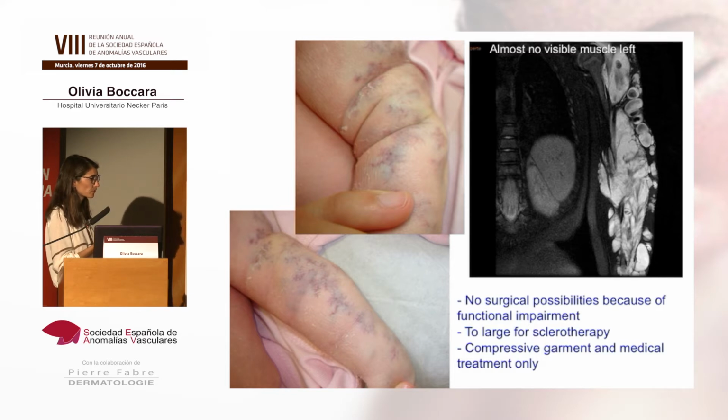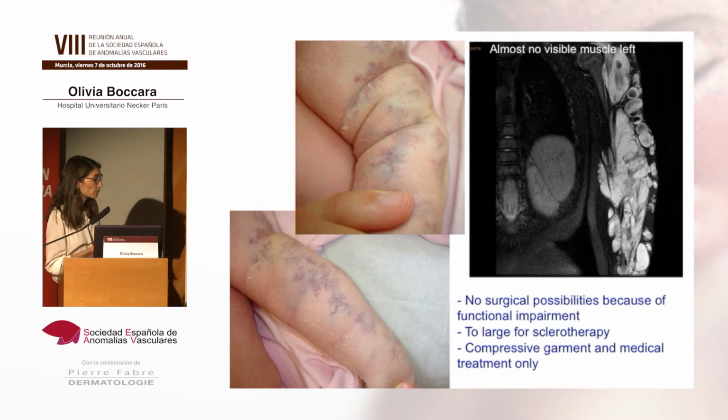It is very wonderful because she had in 5 years only one painful event. It was a serious painful event because at this moment she could not move the arm because of the pain. The D-dimers were above 100,000.